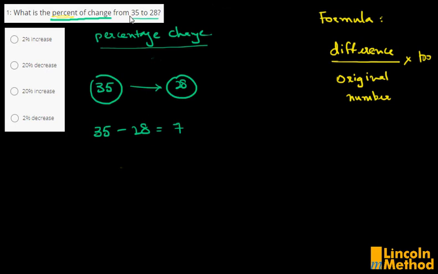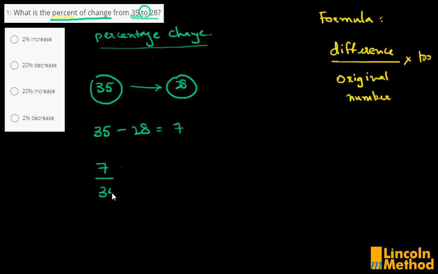So as a rule of thumb, the number that is before this "to" right here will be the number that's going to be our denominator in this case. I can call it a denominator since this is a fraction. So the fraction that we have is the difference over the original number, or the number that we started off with.